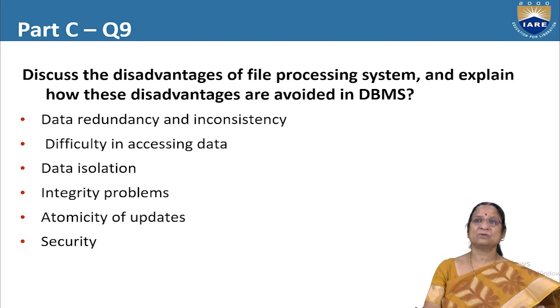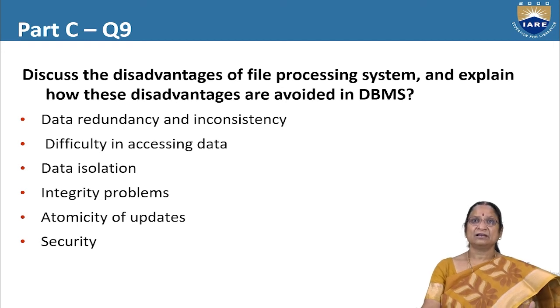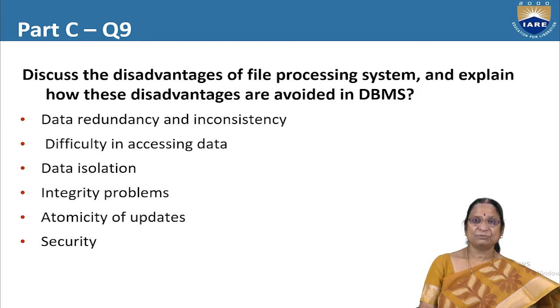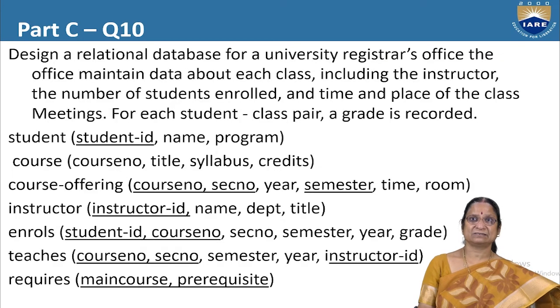All these problems are more in the file processing system compared with the database management system, and all of them are going to be avoided. Specifically, redundancy is not avoidable, but it can be reduced maximally in our database management system.